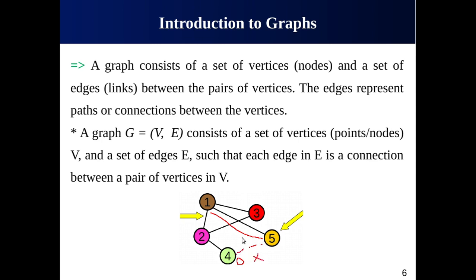Why? We have a sequence of nodes. Okay, that condition is met, but we do not have a link between this pair of nodes. As we do not have any link between these two nodes, it is not a valid path.